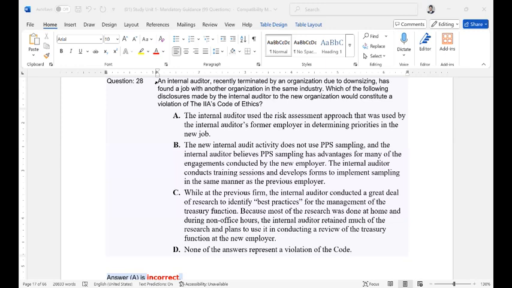Yeah. So here it says A is incorrect. I was saying it's A.